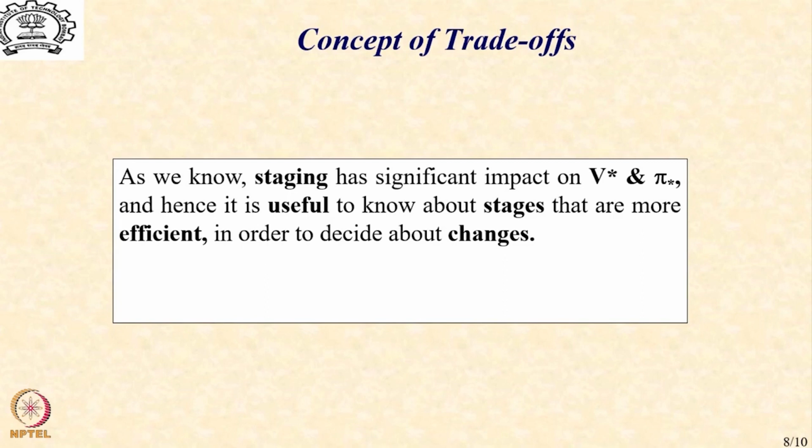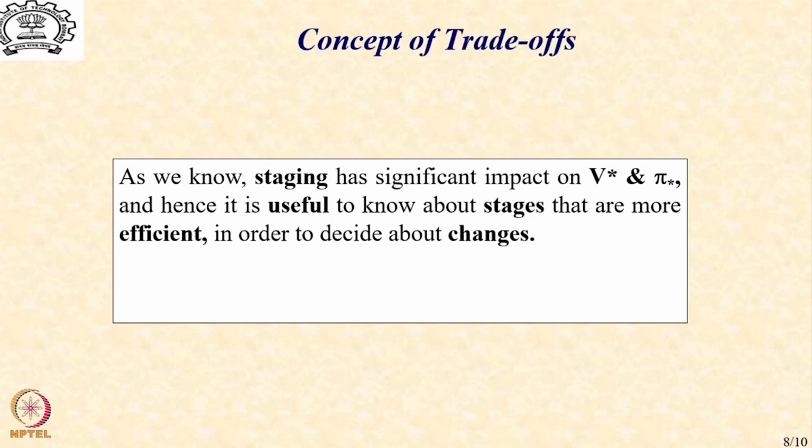What it means is that we would like to find out the sensitivity of V star and pi star to small changes in different stages, which means if I take, for example, the first stage and change the propellant ISP by a small amount, by what amount will my V star or pi star change.